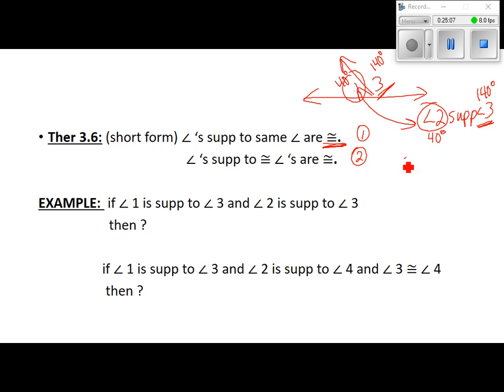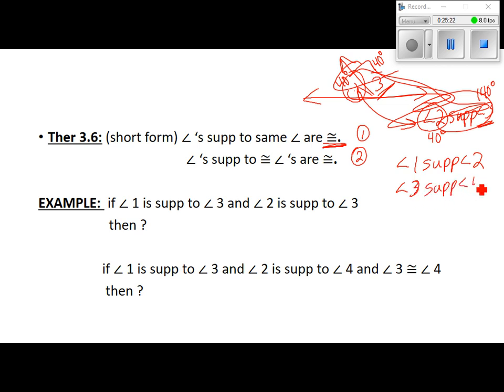So if I had angle 1 is supplementary to angle 2, forget this picture now, I'm just using numbers. Angle 3 is supplementary to angle 4. Angle 1 is congruent to angle 3.